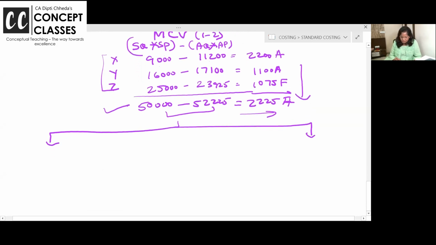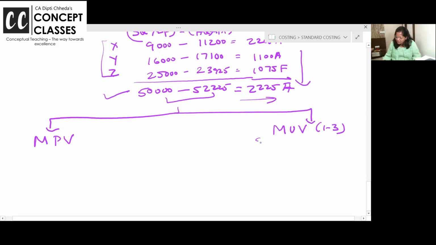1 minus 2. Now you have material price variance, ya to price mein farak hai, ya to material usage variance. What is material price variance? 1 minus 2, 1 minus 3. You know, make a cycle like this. Now what is 1? Standard quantity into standard price. What is 3? Actual quantity into standard price.